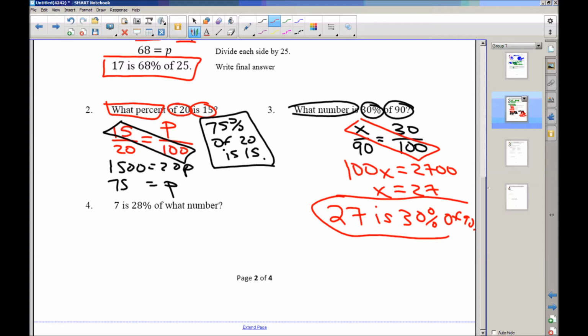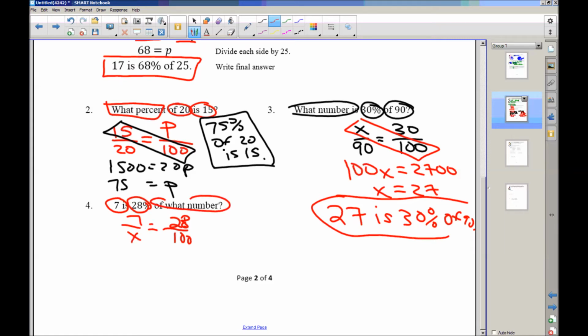Okay. Number 2, 7 is 28% of what number? So there's our percentage. It's easy to find. It's got a percent sign. 28 parts out of 100. And we're going to put in the 7 here. Okay. So 7 is going to be our part. 7 is 28% of something, so 7 goes with the 28 of this thing.